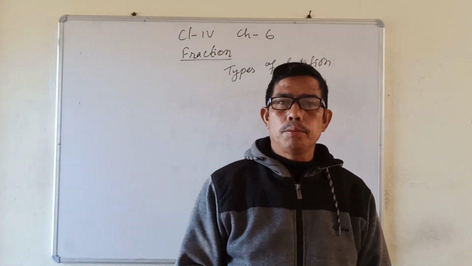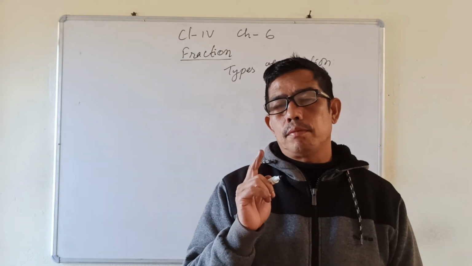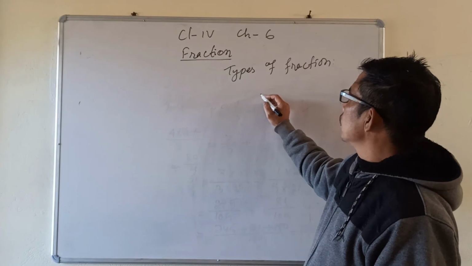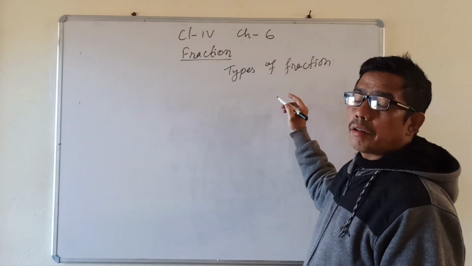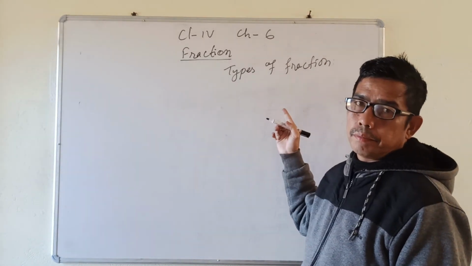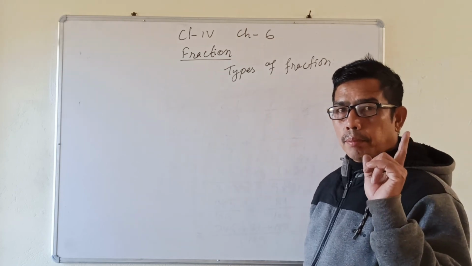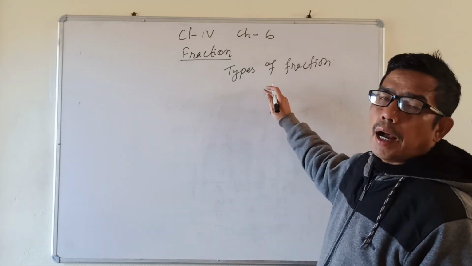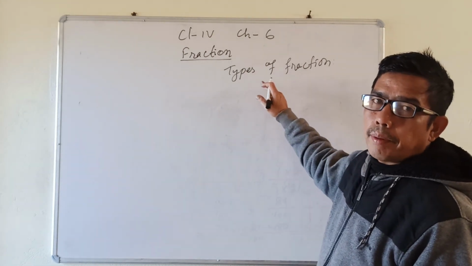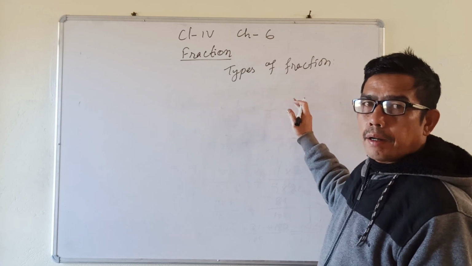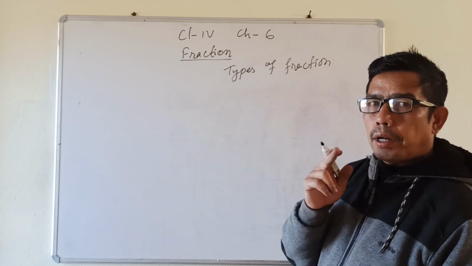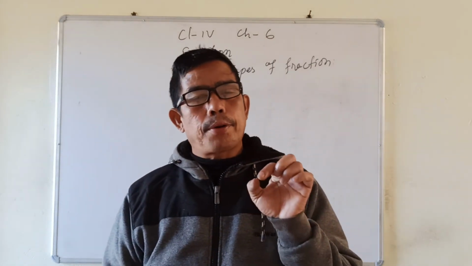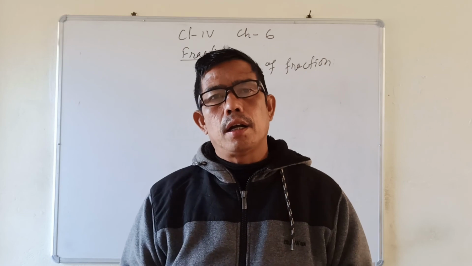One very important thing to be remembered is that in the case of fractional questions, if the answer is not in the lowest form, always you should convert it into the lowest form by taking the HCF of the numerator and denominator and dividing both the numerator and denominator by their HCF. So this is the point to be remembered. In every fractional question, if the answer comes as a fraction, then it should be in the lowest form.